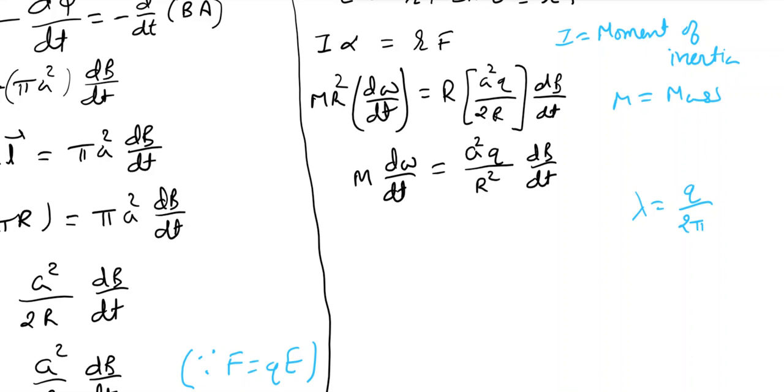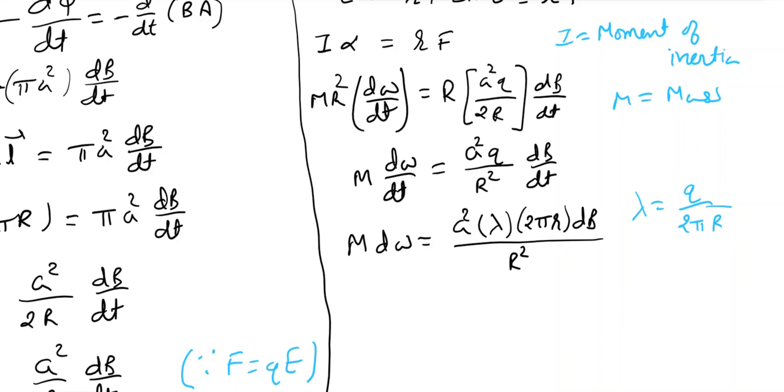The length here is the circumference, so lambda is Q by 2 pi R. Substituting this and simplifying, we get m d omega equals a square lambda 2 pi R dB over R square.